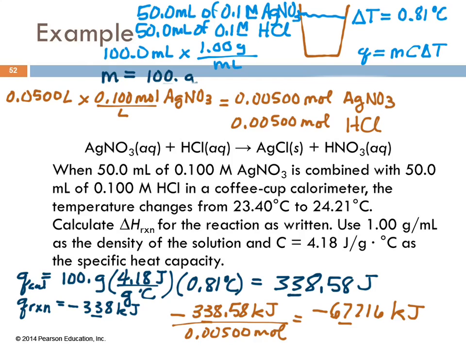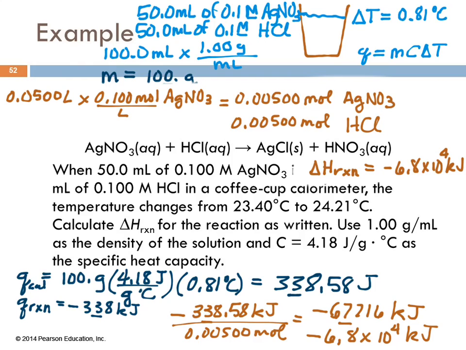And that would have 2 significant figures. So we would call that 6.8 times 10 to the 4th kilojoules. Delta H reaction equals minus 6.8 times 10 to the 4th kilojoules. Any questions?